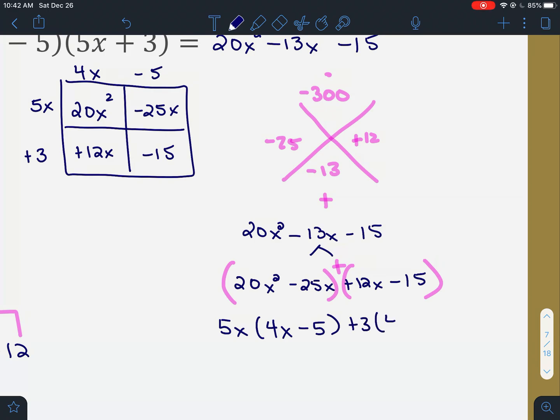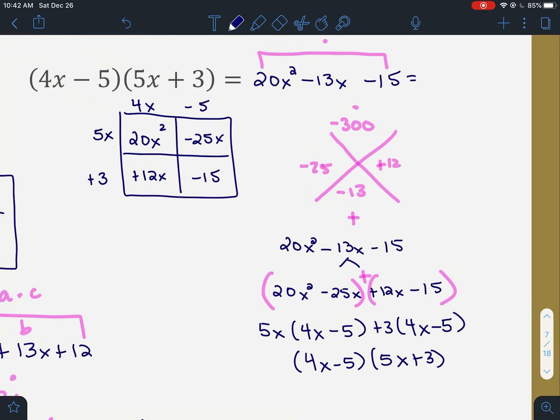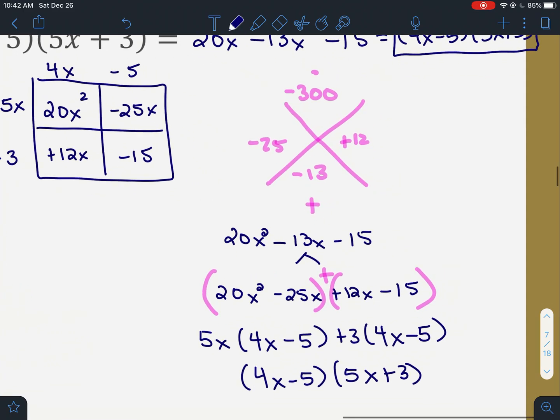Factor out a 5x, and you would have 4x minus 5, and then factor out a 3, and you would have 4x minus 5. The two parentheses are the same, so it worked. We would pull out the 4x minus 5, because that's the common factor, and then you would have the 5x plus 3. And so that is what this trinomial would factor into, 4x minus 5 times 5x plus 3.